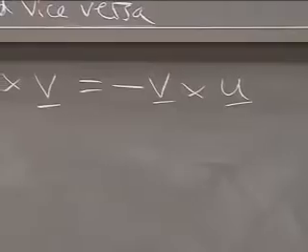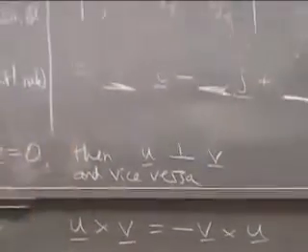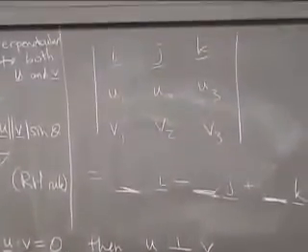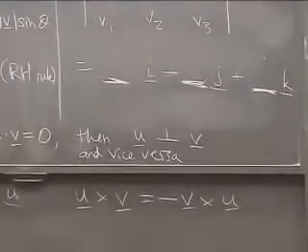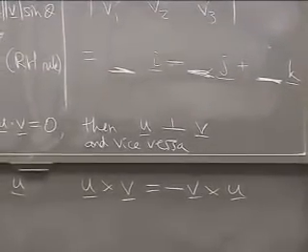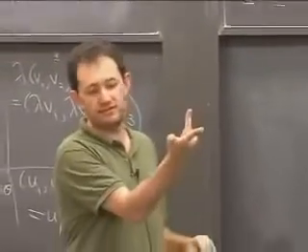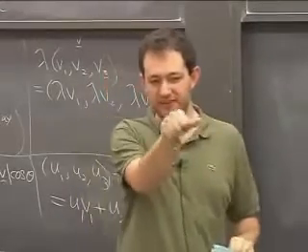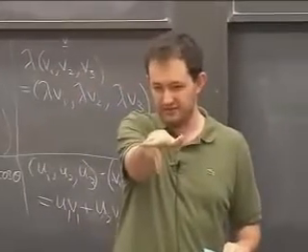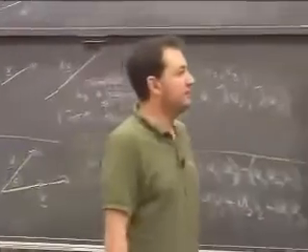In other words, if you flip the bottom 2 rows up here, you will find that you get the negative of whatever you had before. So you've got to get the order right when it comes to the cross product. That's actually just another manifestation of the right-hand rule. Here's U, here's V, this is the direction of the thing. But if I switch around U and V, I have my hand here, U and V, so the vector goes the other way. So that's what that formula represents.